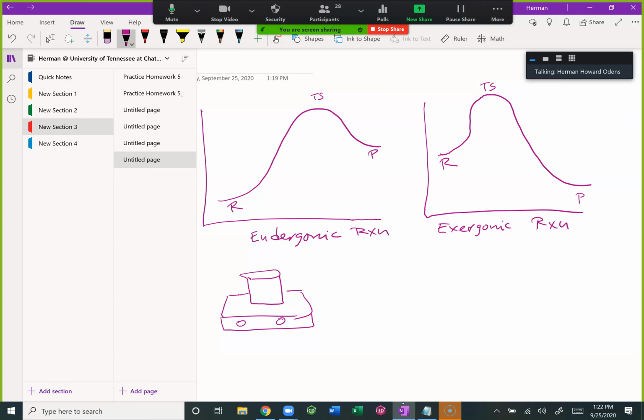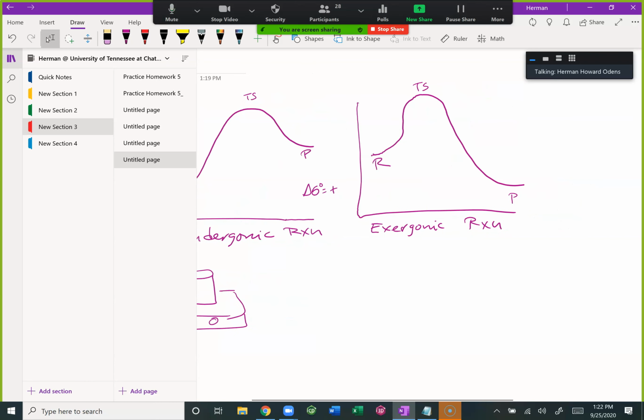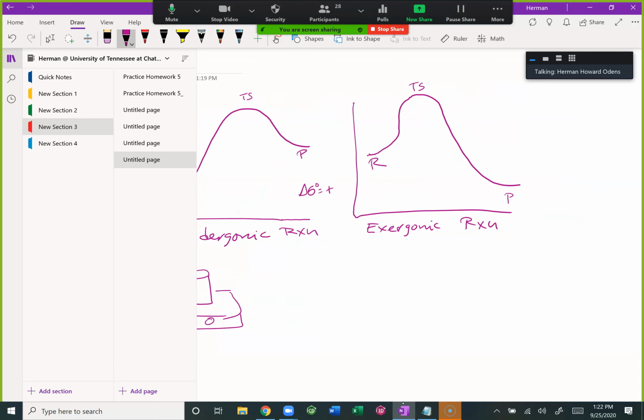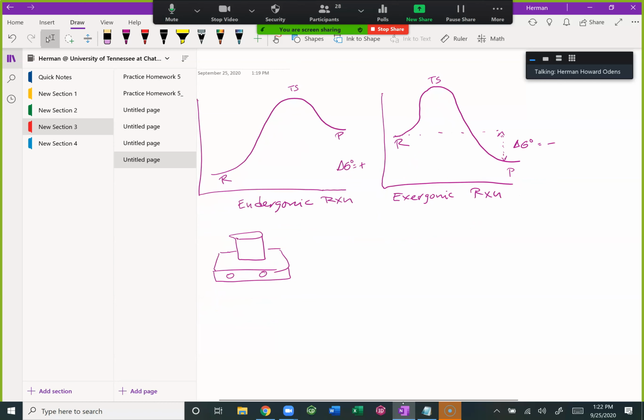Notice now that here your delta G0 was positive. Here your delta G0, because you're subtracting this from here, is negative. So say, for example, here you went ahead and turned on the heat.